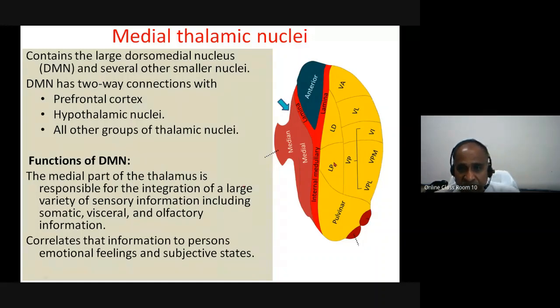The pain comes here in the ventral posterolateral nucleus, and this communicates to the medial group, and this medial group, with the prefrontal cortex and hypothalamic nuclei, produces a reaction to that pain. Like that, even proprioceptive inputs or visual inputs, and so on. This is about the medial thalamic nuclei.